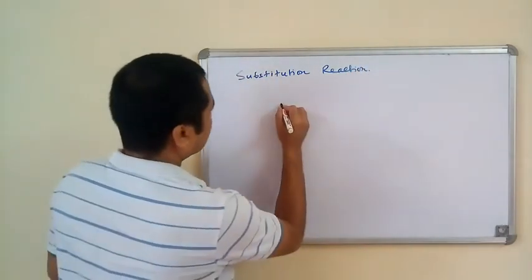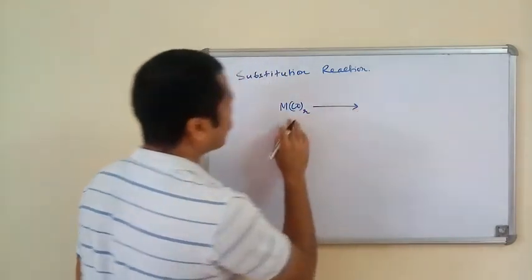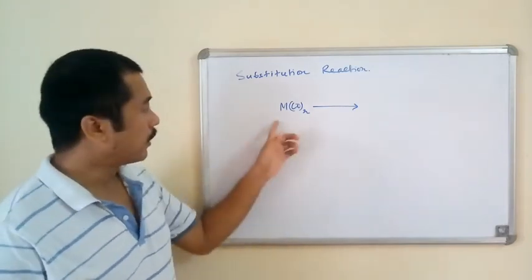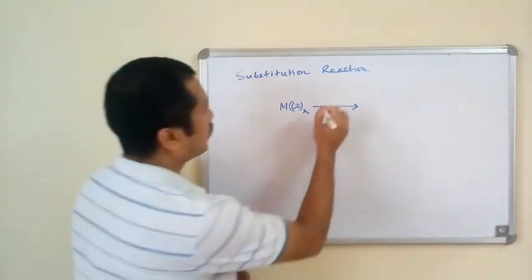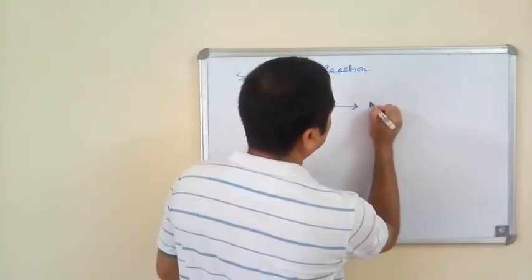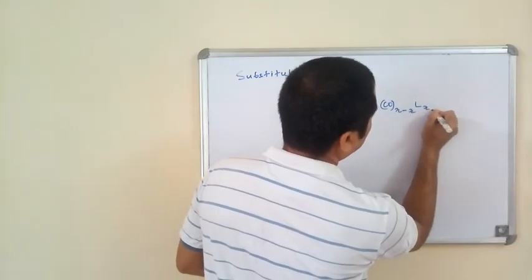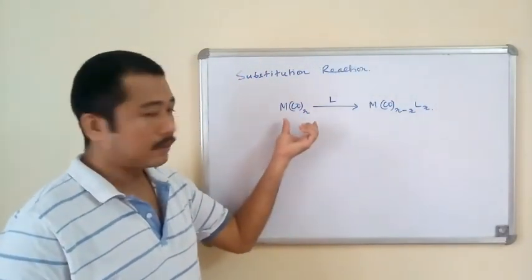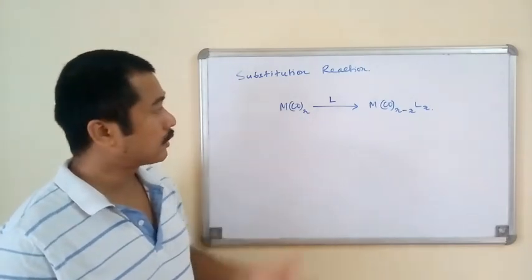Now one can substitute some of these carbonyl ligands in a metal carbonyl complex by other suitable ligand L, and one can produce M(CO)n-x(L)x. That is, we can substitute some of these carbonyl ligands, but not all of the carbonyl ligands.